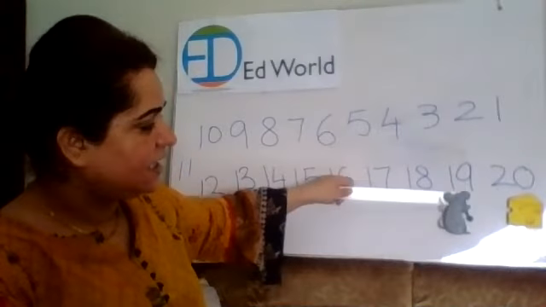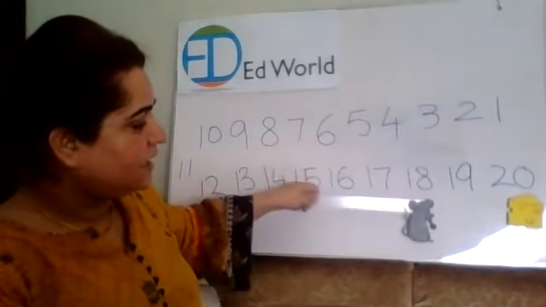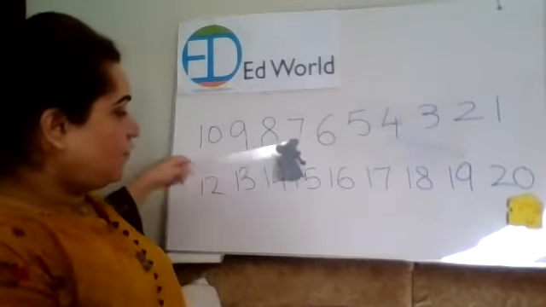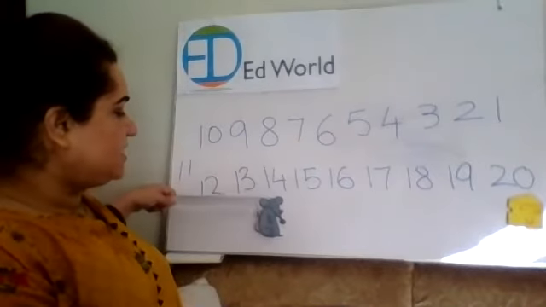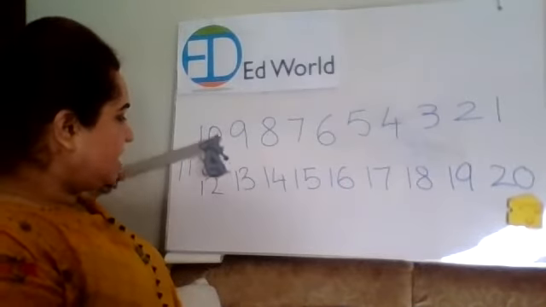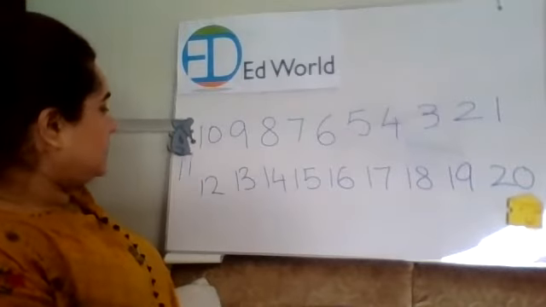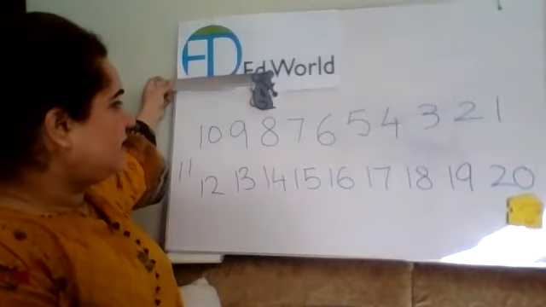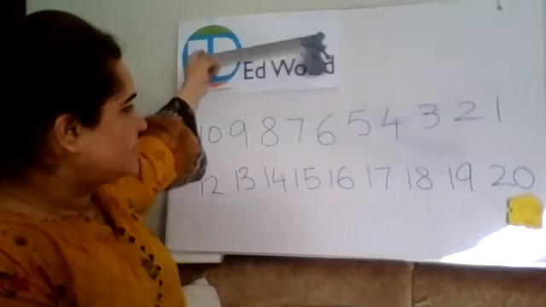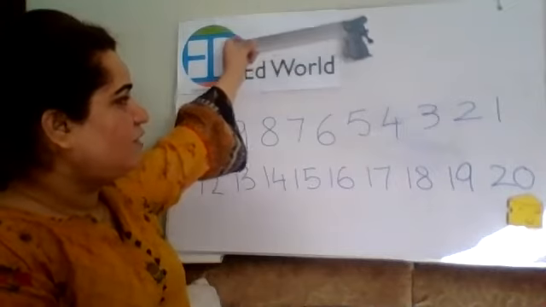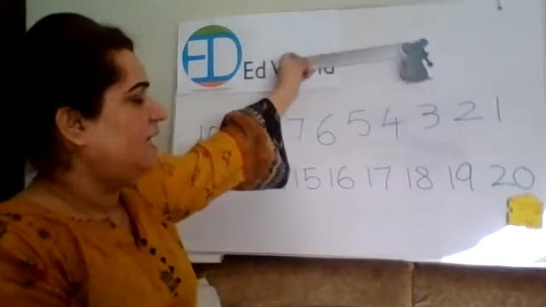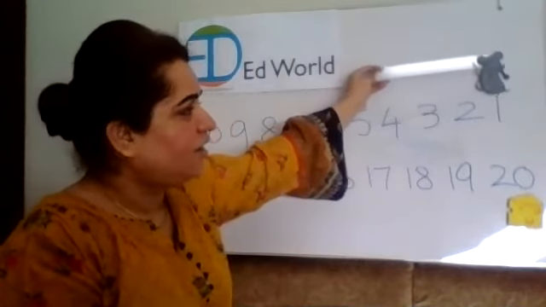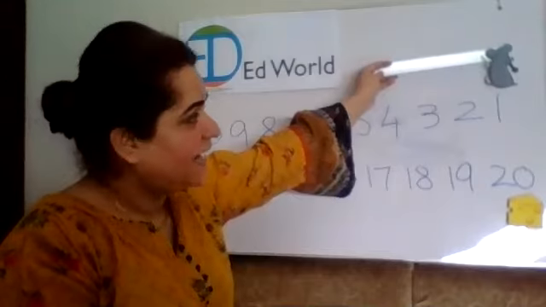Jump on 19, jump on 18, 17, 16, 15, 14, 13, 12, 11, 10, 9, 8, 7, 6, 5, 4, 3, 2, 1. Wow. Now here he is going to reach the end point, okay?